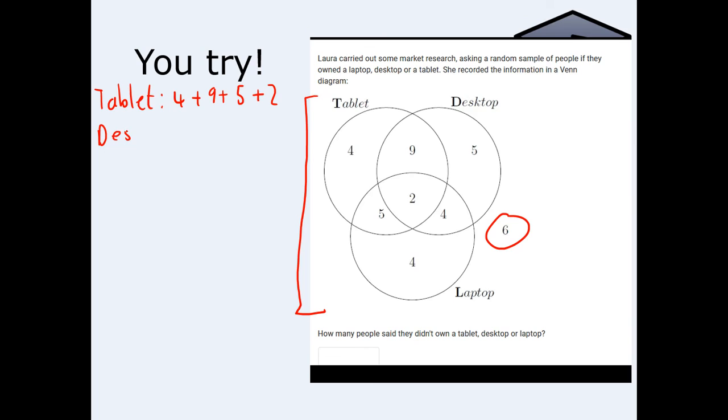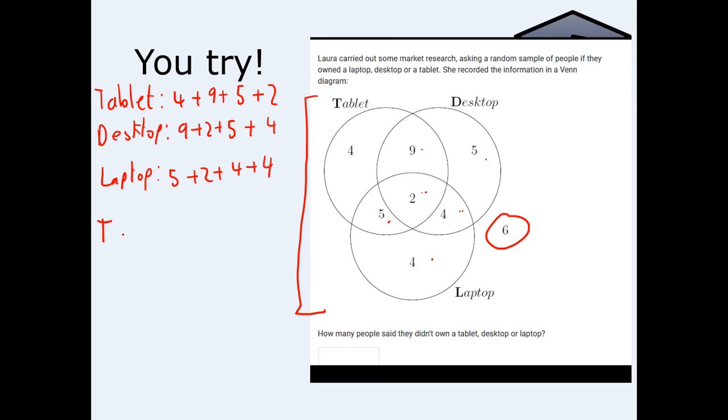The number of people who own a desktop would be 9 plus 2 plus 5 plus 4, all the people in this circle. The number of people with a laptop would be 5 plus 2 plus 4 plus 4. The number of people in this circle.